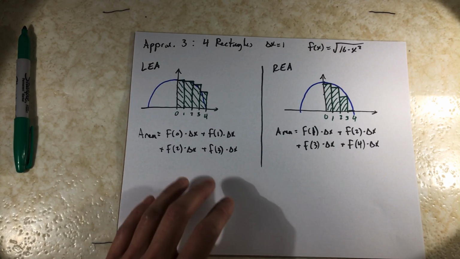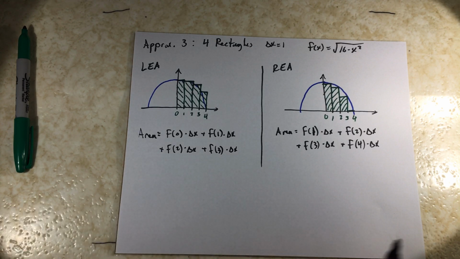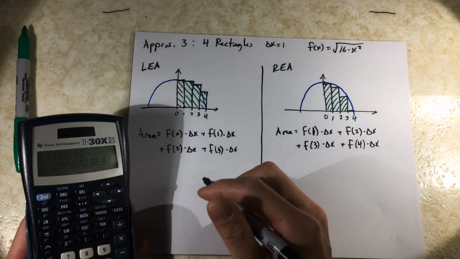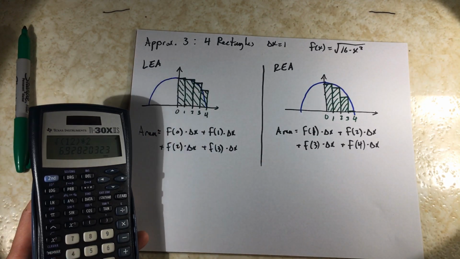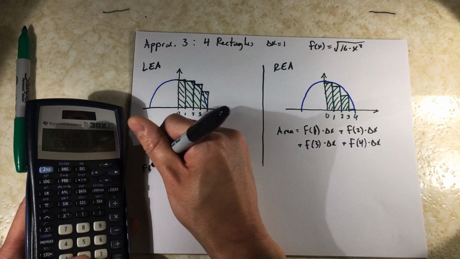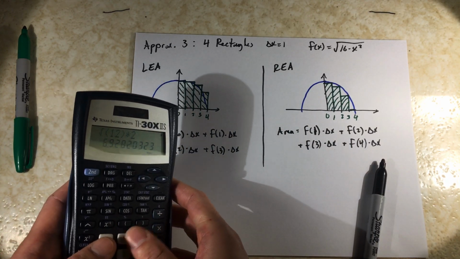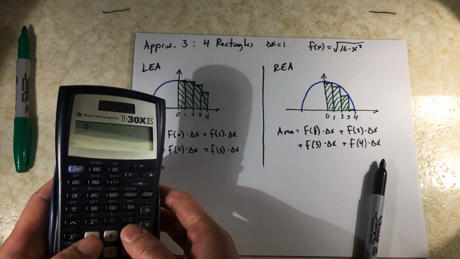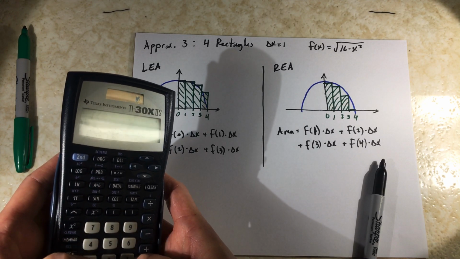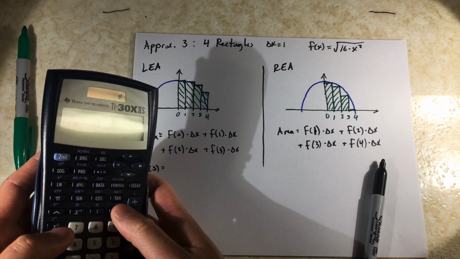So we need to evaluate a lot of these. I'm going to show you a shortcut way of doing this in your calculator, especially if you have a TI calculator. There are other ways you could do this, but what I'm going to do is write this equation in my calculator: square root of 16 minus, and then for the first one, 0 squared.